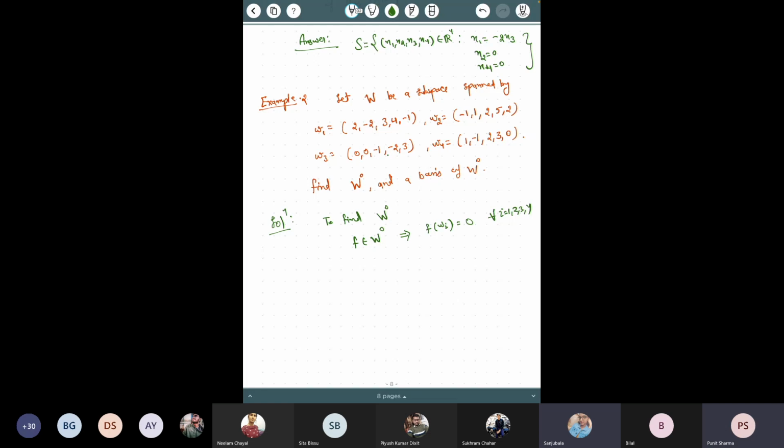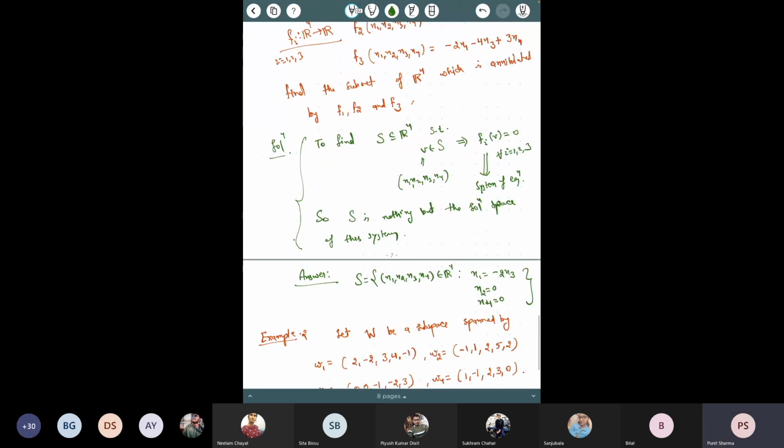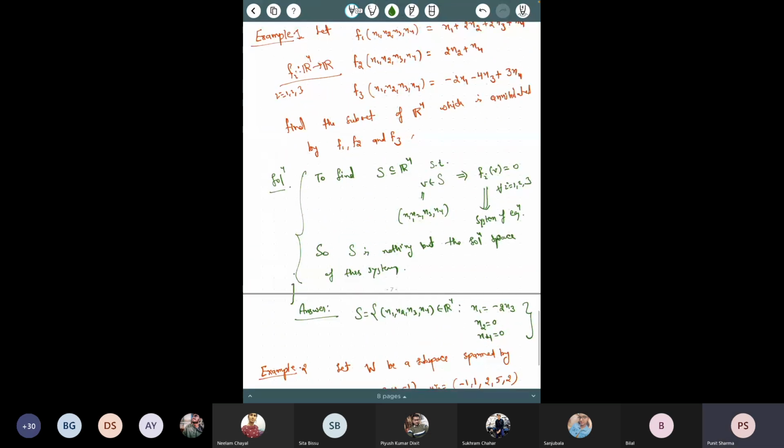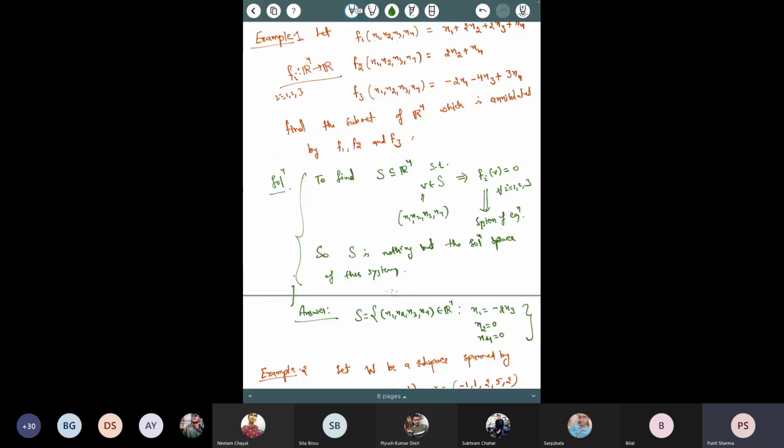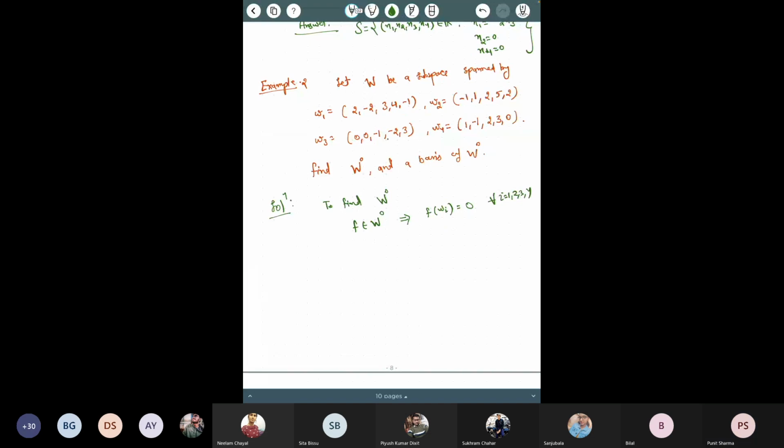Yes, sir. Right? Now this is fine, but in the previous example these f_i's were given. So we could say that f_i(v) = 0 means we have a system of equations. Now do we have something like this here also? What is this f? What is this W naught?